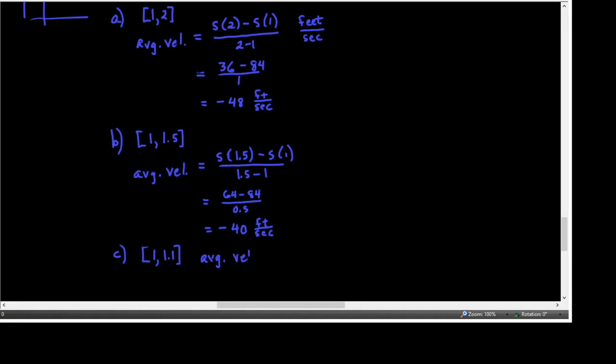The average velocity will be the position at the ending time minus the initial position, over the ending time minus the beginning time. s of 1.1 is 80.64, minus s of 1, which is still 84, divided by 0.1, and that answer ends up being negative 33.6 feet per second.